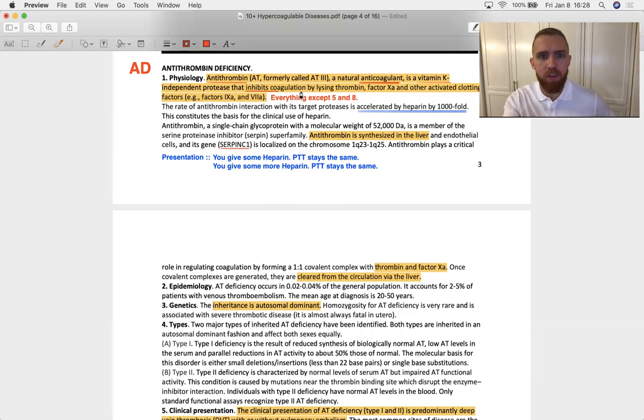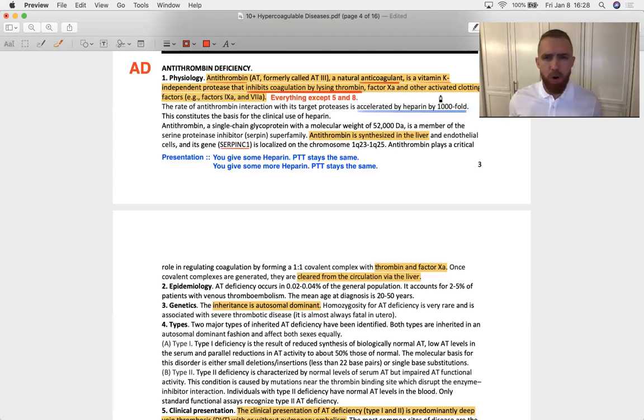And it inhibits coagulation because it's going to lyse serine proteases. It's going to cut proteases apart and stop them from working. Wouldn't you know, every clotting factor that you have besides factor 5 and factor 8 is a serine protease. So antithrombin gets rid of all factors except for 5 and 8.